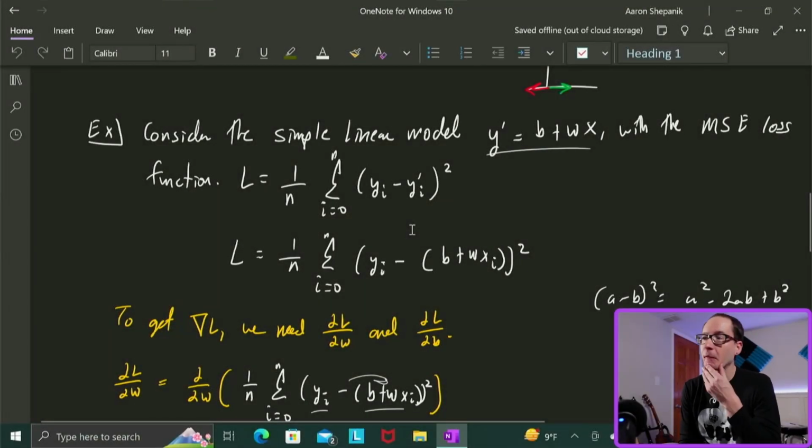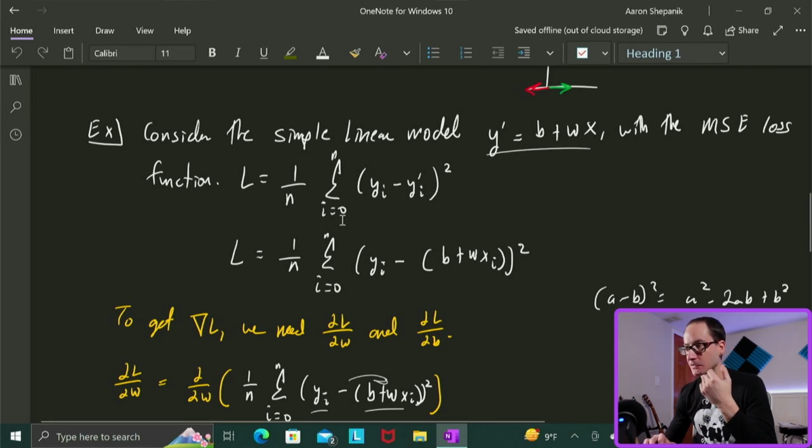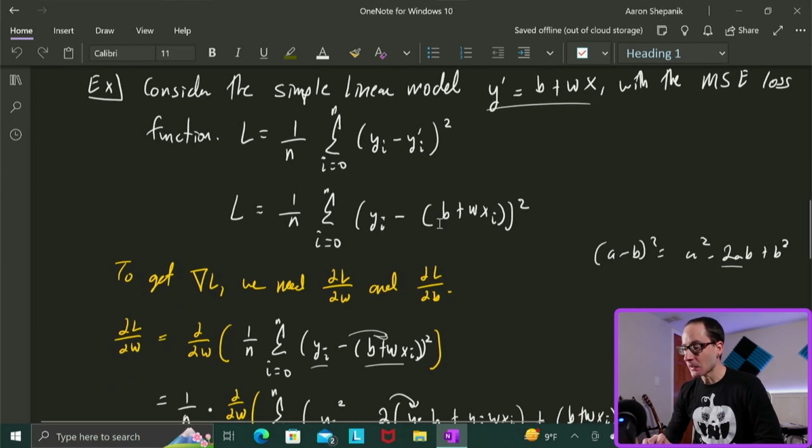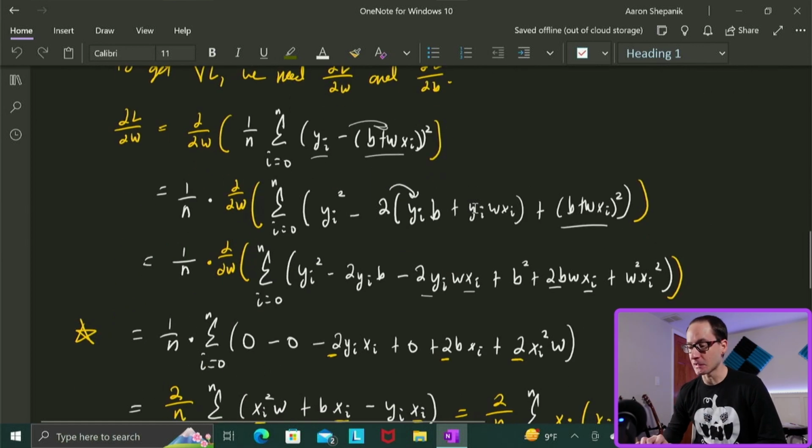Okay, so just a quick refresher on what we had done last time. We have our mean square error loss function here, L. We can calculate its gradient, which is the partial derivatives with respect to all of the variables b and w here. And that gradient is the vector that's going to point you in the direction of steepest increase.